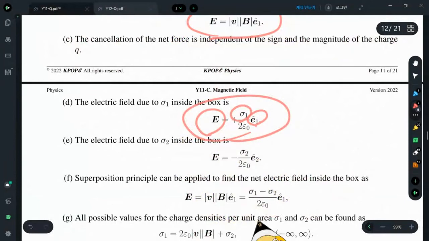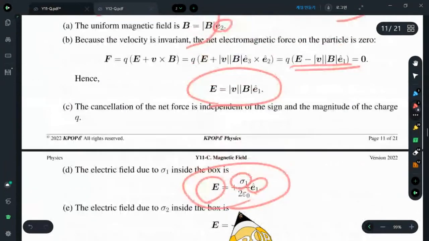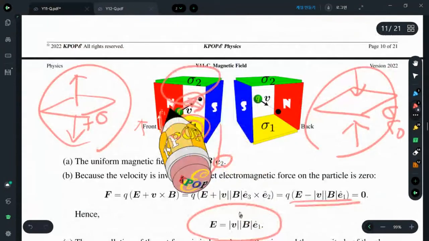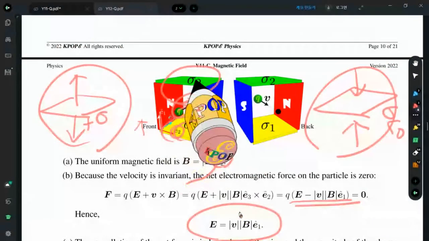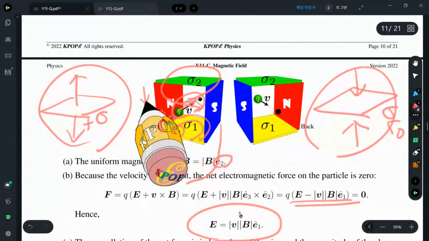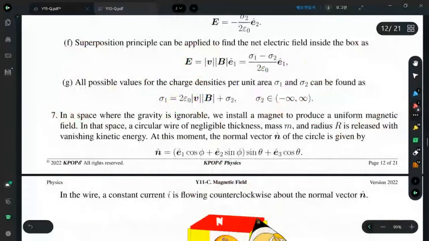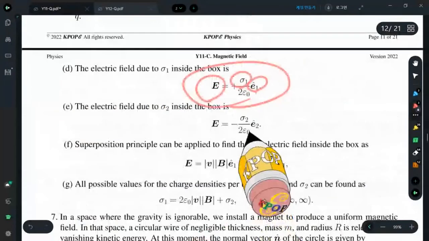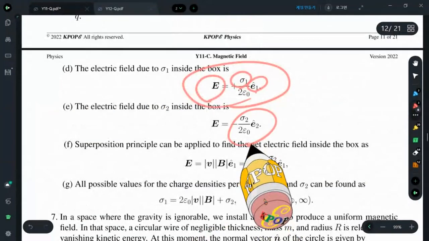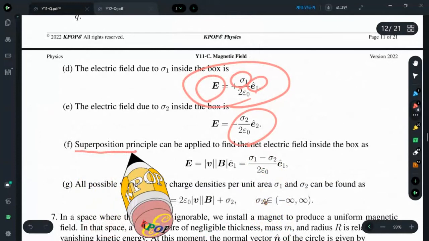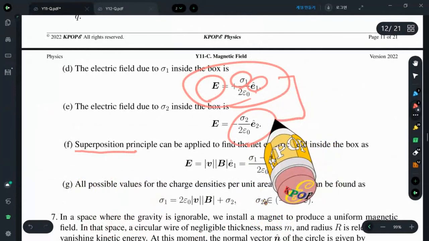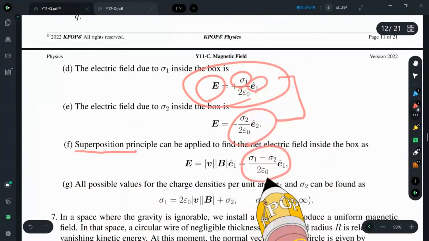So this is a complete solution. And the electric field due to the upper one, if it is positive, its direction is negative. So it is natural to have this. And we apply the superposition principle to sum them. The final result is like that.